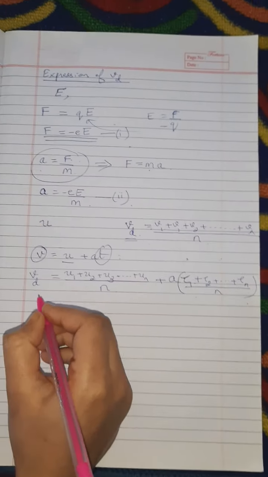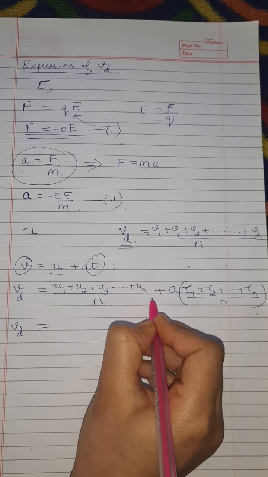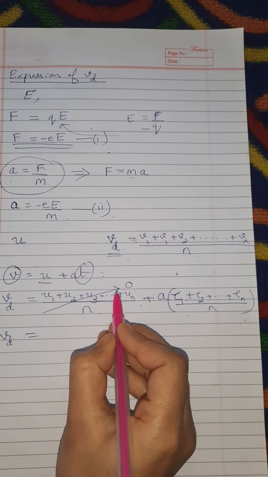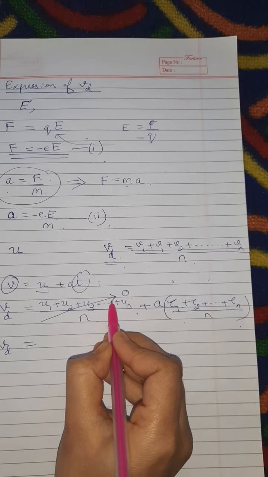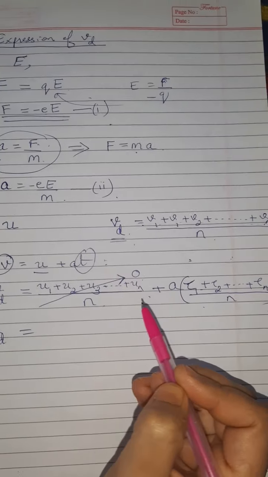So your Vd will be equal to, this term will vanish to 0 because the average thermal velocity is equal to 0, because they are moving in all random directions. They will cancel out each other.